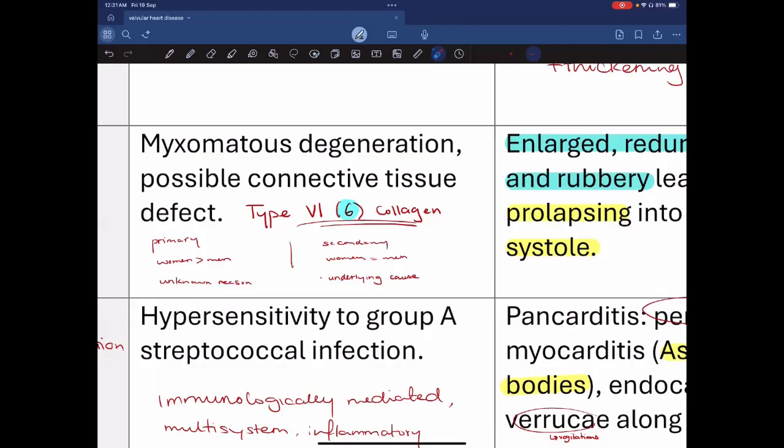There is ischemia to the papillary muscle, so now there is weakening and prolapsing. So type 6 collagen myxomatous degeneration goes with primary, secondary, or ischemic heart disease.